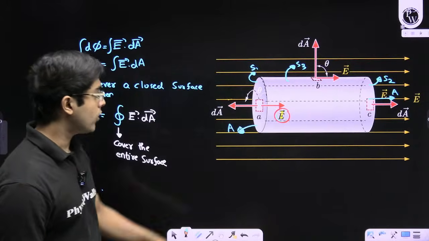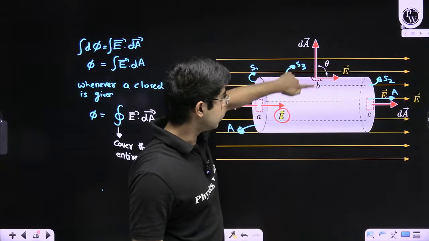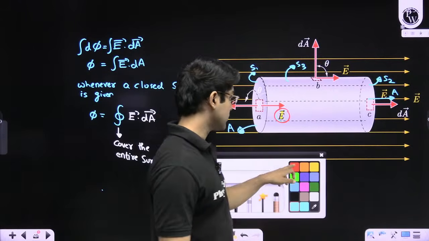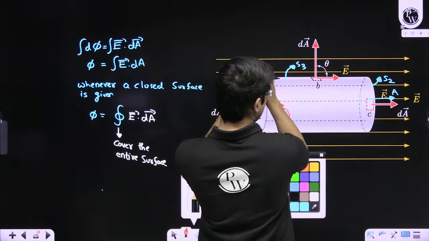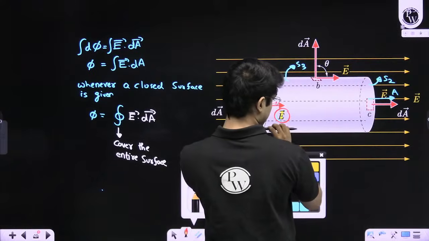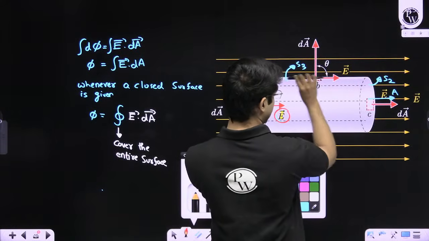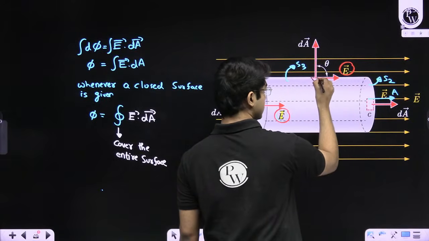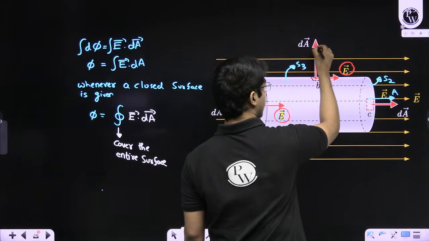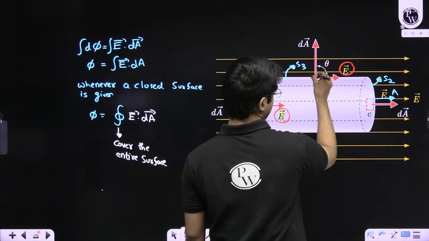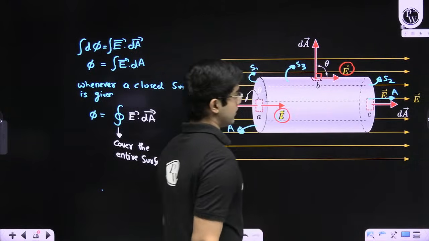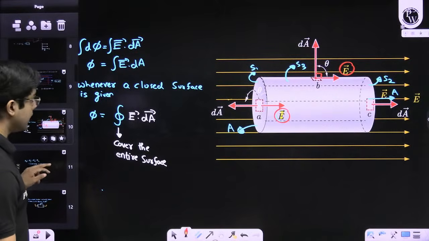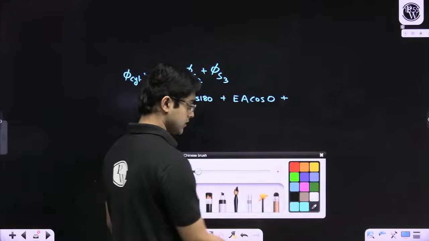And now we also need to calculate it for the curved surface of the cylinder. How do we do this? You need to notice something. The electric field is always tangential to the cylindrical surface everywhere, and the area vector is normal to the cylindrical surface. So the angle between them is 90 degrees, and whenever E and dA have 90 degrees between them, the flux is 0.